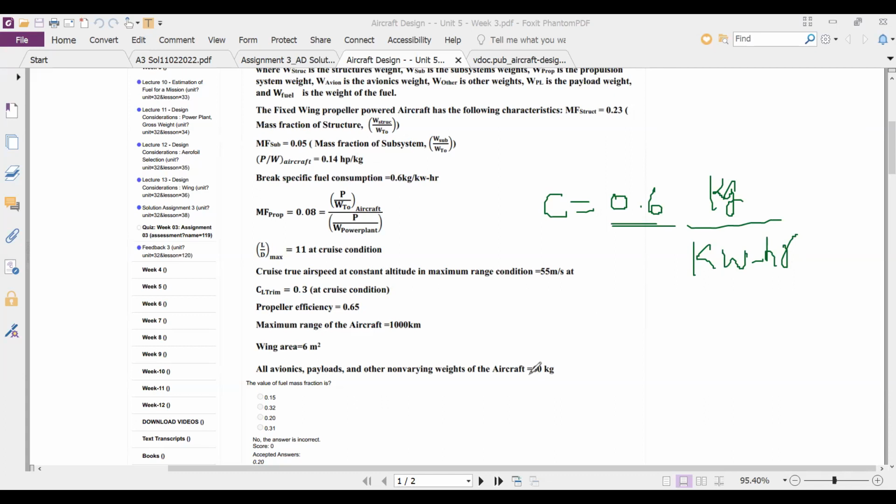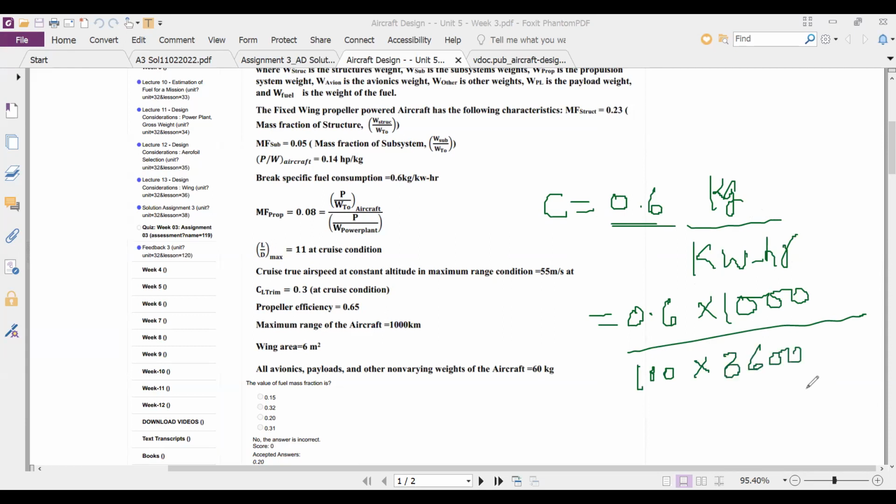No, sir, we need to convert it into Newton per watt second. Very good. So how will we do that? Sir, into 1000 by 100. Into 1000 by 100. Into 3600 seconds. 3600 seconds. Is it correct?